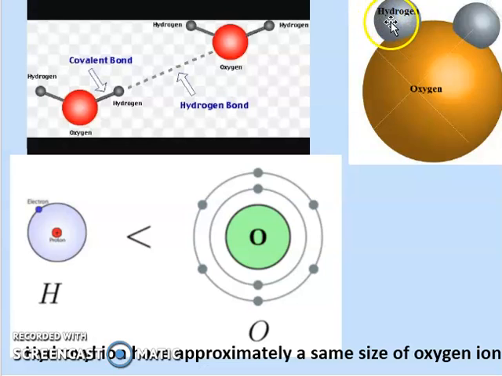The hydrogen ion is very small, and consequently the structure of octahedra looks like a structure of oxygen like tetrahedra, because you can neglect the volume of the hydrogen ion.